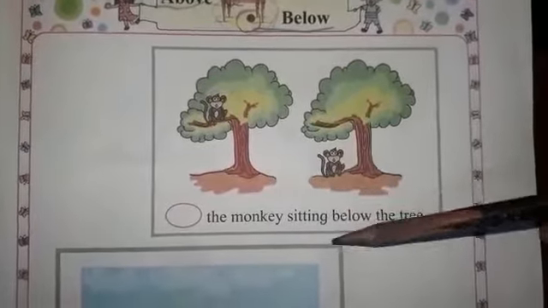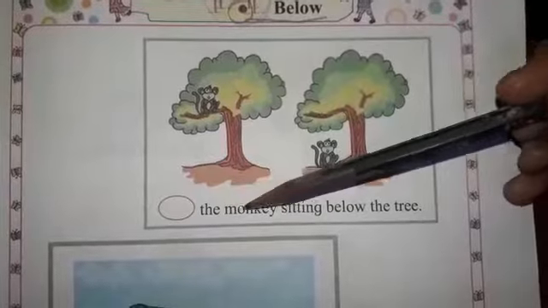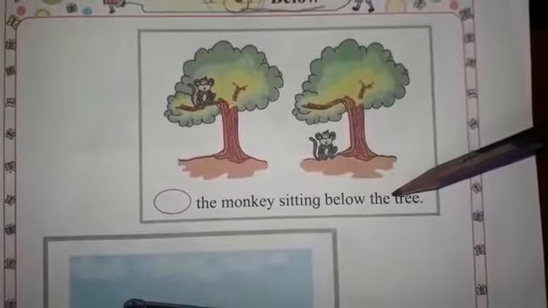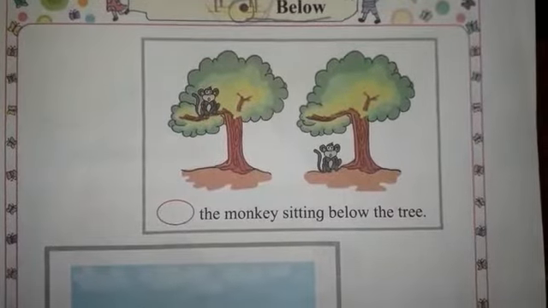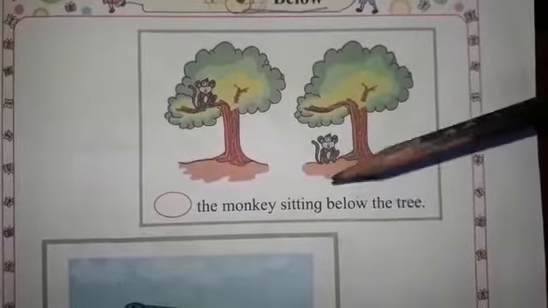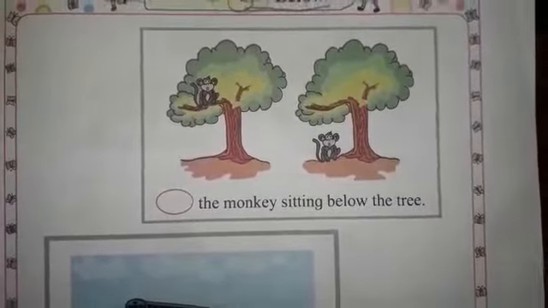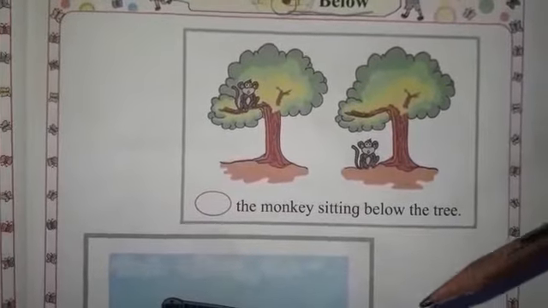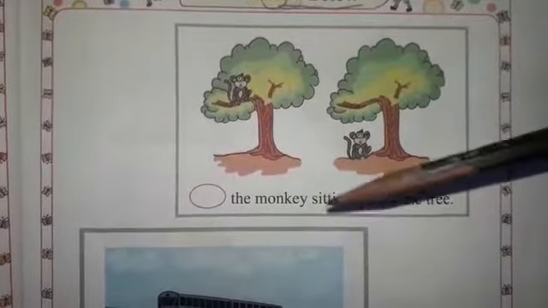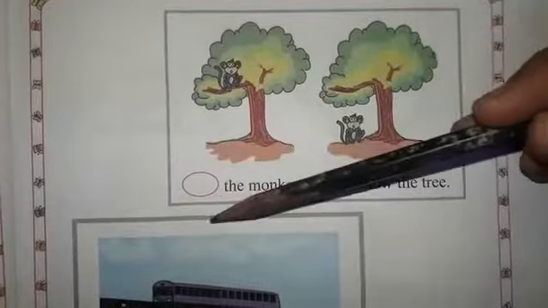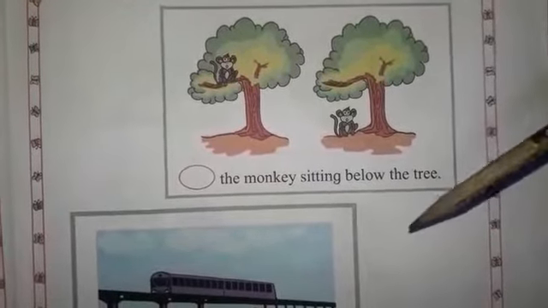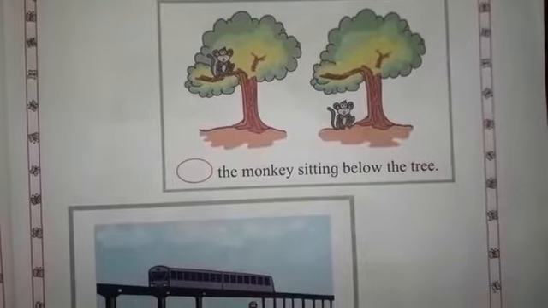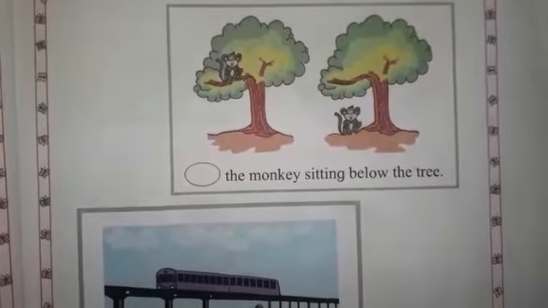What did they say? Means circle the monkey sitting below the tree. Means we have to circle the monkey who sat below the tree. Tree के नीचे बैठा हुआ monkey जो है उसको हमें circle करना है, जैसे यहाँ पे दिखाया है. Just like this. Then what do you mean by below? Yes, below means downside.